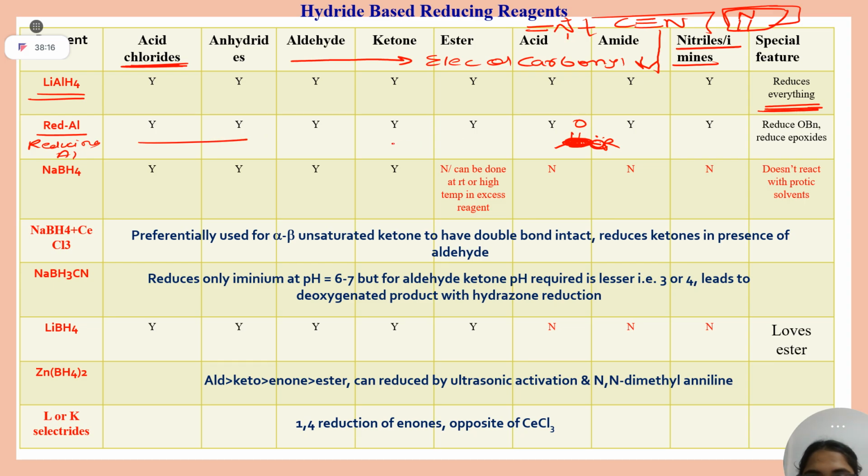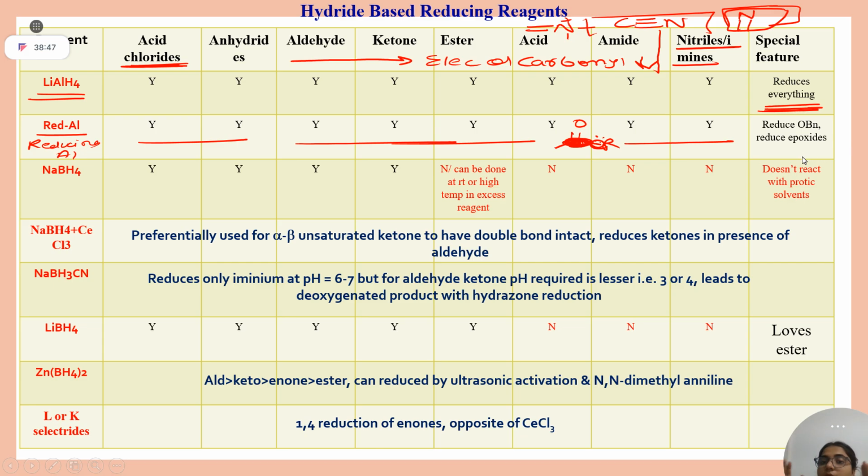Red-Al is also a cousin of LiAlH4. One added advantage of Red-Al is that LiAlH4 is pyrophoric. Pyrophoric means it catches fire, but Red-Al is relatively less pyrophoric, so it can be handled more easily than LiAlH4. Apart from that, LiAlH4 reduces epoxides as well.